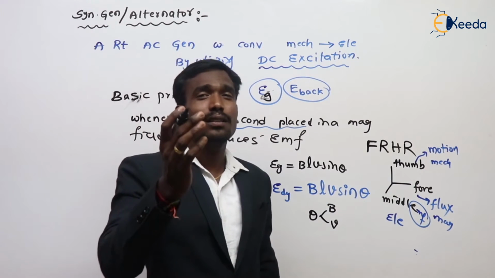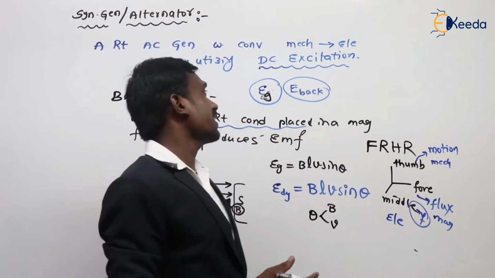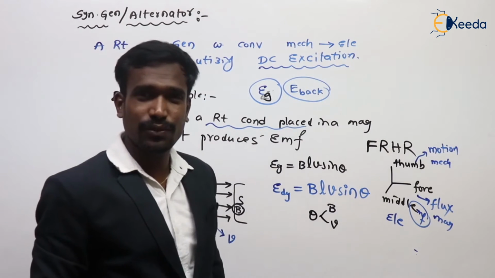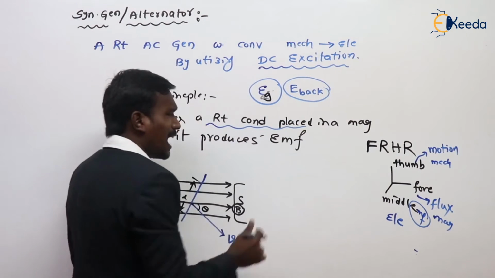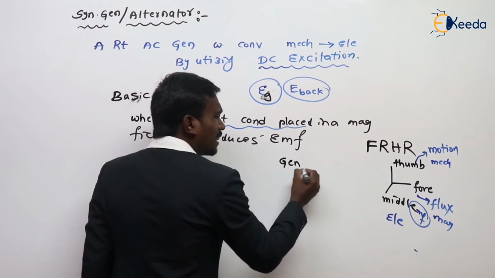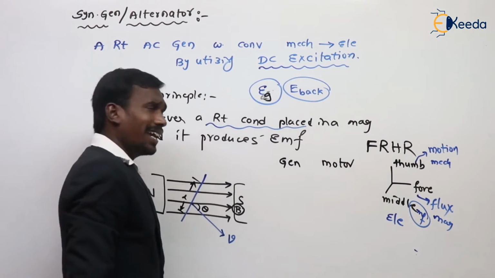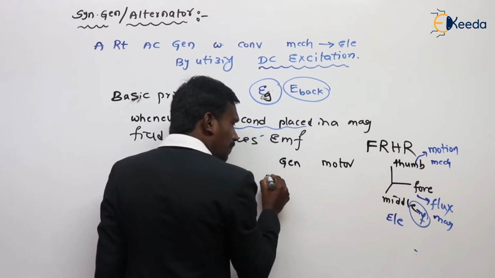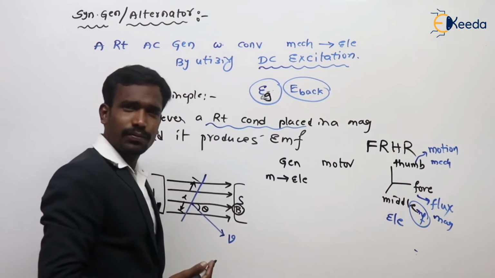Here, some controversy. What is the difference between generated EMF and back EMF? We have a generator and a motor. In a generator, mechanical energy is converted into electrical energy.